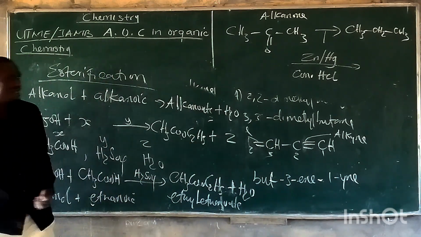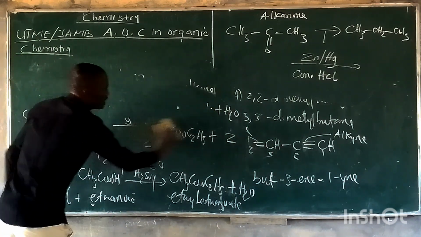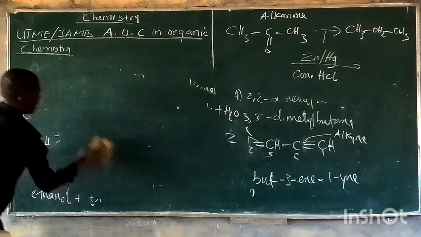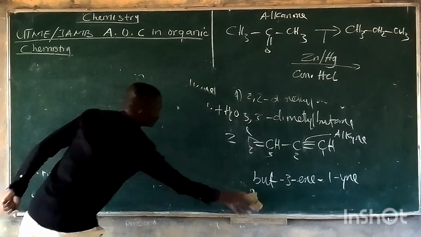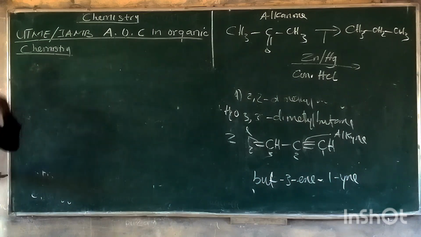Now, go to the last one, which is the calculations involved in organic chemistry. I hope you are with me. Stay with me. For the calculations, let me give you a question.